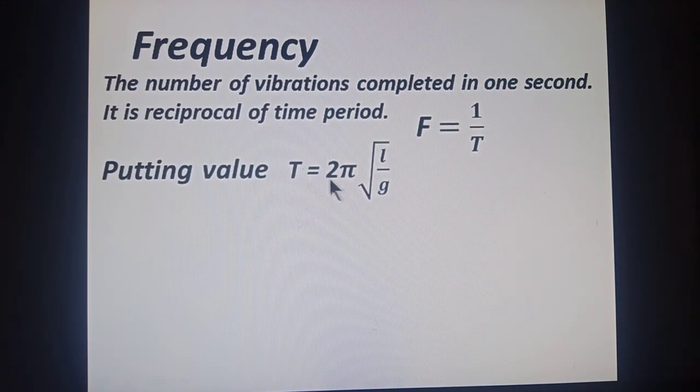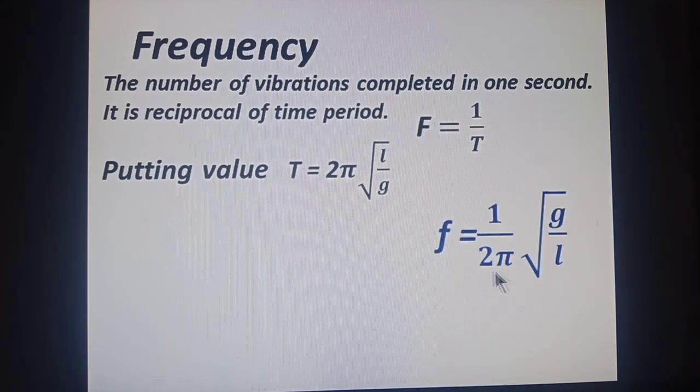Putting T equals 2 pi under root L by g, the value of time period for a simple pendulum, we get f equals 1 over 2 pi under root g by L. It is the equation for frequency of a simple pendulum.